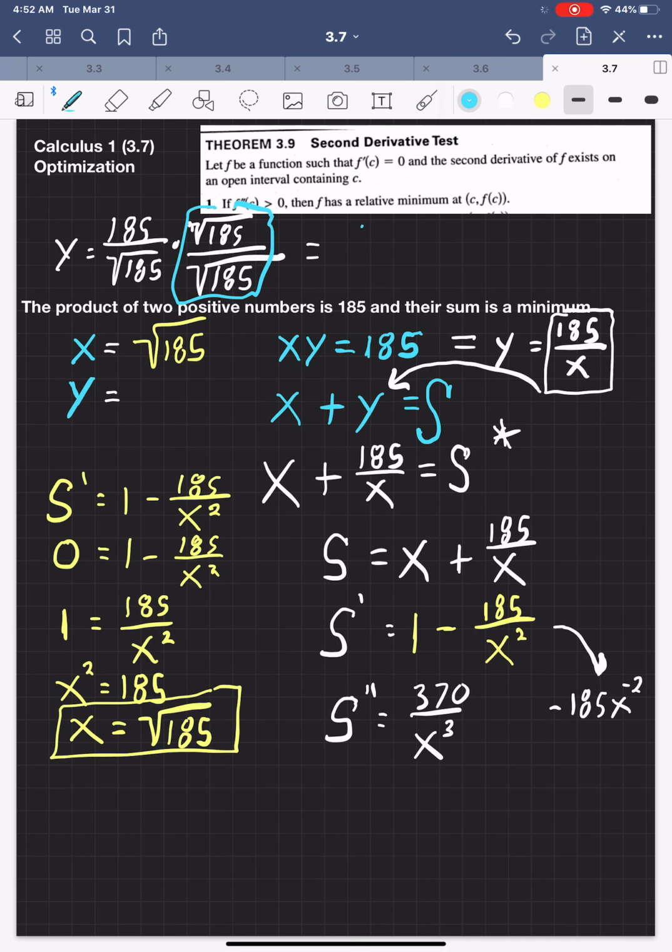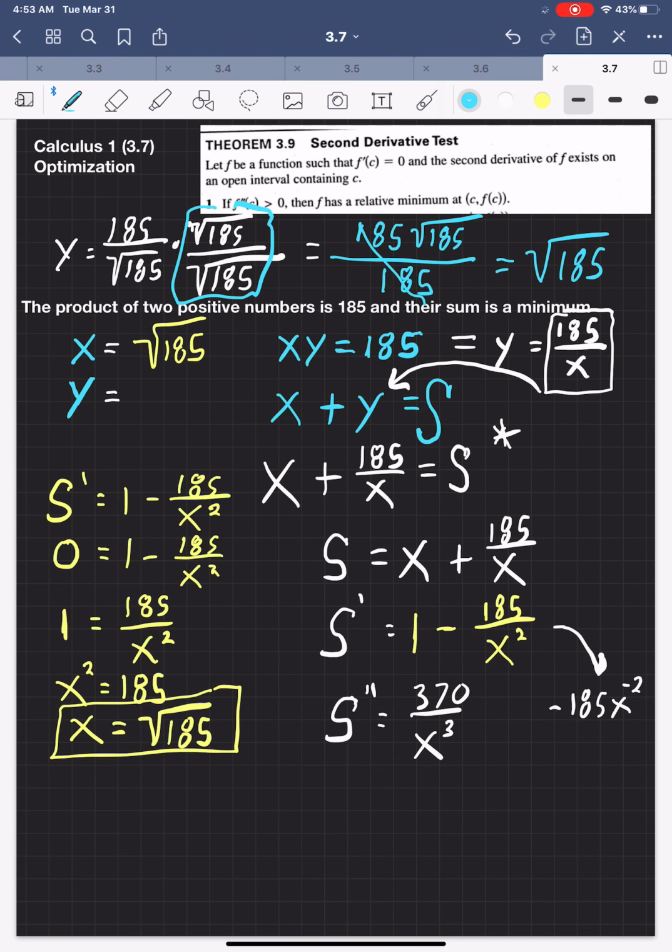So that leaves me with y equal to 185 times the square root of 185 over, well, what's the square root of 185 times the square root of 185? 185. Well, the 185s cancel, leaving me with the square root of 185.